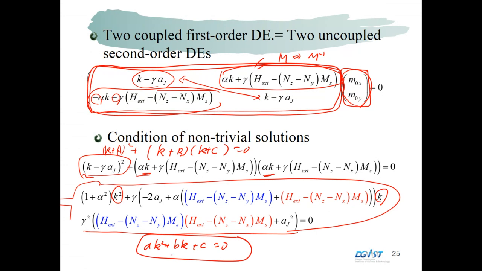Even though the coefficients look a little bit complicated, let's say this is a, this is b, this is c. Okay, so what do we have to do? Finding the solution of this quadratic equation. Now I believe every student will be happy. You know the solution, right?